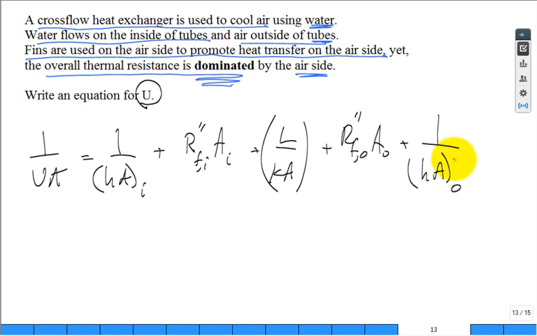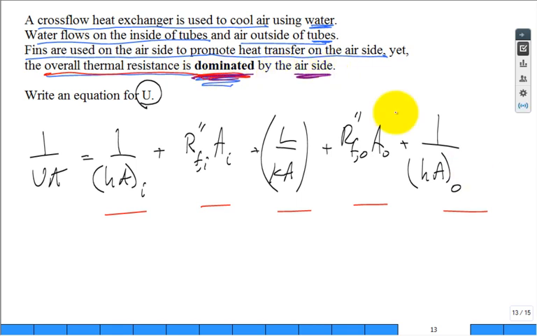Now, for this problem, the overall thermal resistance is dominated by the air side. Which of these 1, 2, 3, 4, 5 terms on the right are negligible? So the whole idea is that only one term dominates.